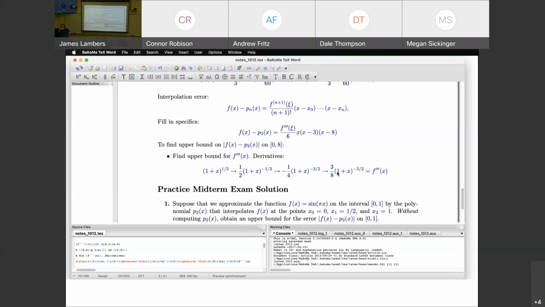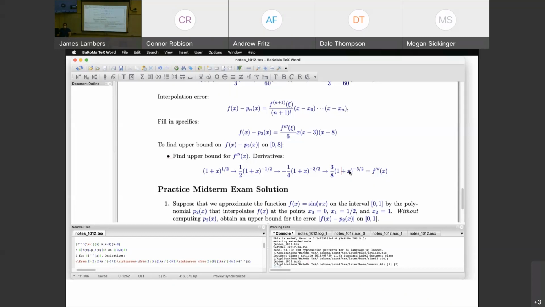Because if you determine that the function is always increasing or always decreasing on the interval, you can just plug in extremal x values, like your endpoints. So if you know that about your function, that helps. Or for instance, suppose you did it with sine or cosine. You can just say, sine or cosine is less than or equal to 1 in absolute value, so you can take that into account.